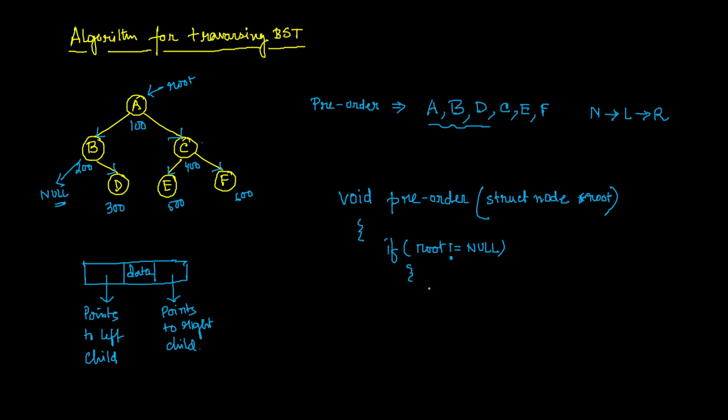So I will print the data. Now how I will print that, I am coming to later. I am just writing very simple code. It may not run exactly, it is not following the syntax of C language or C++ or Java.